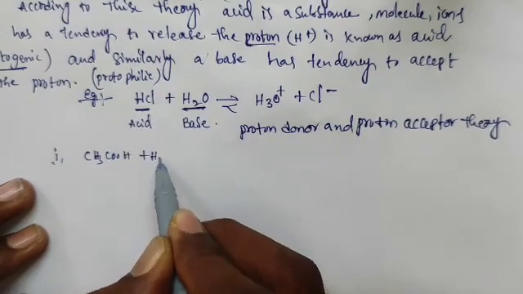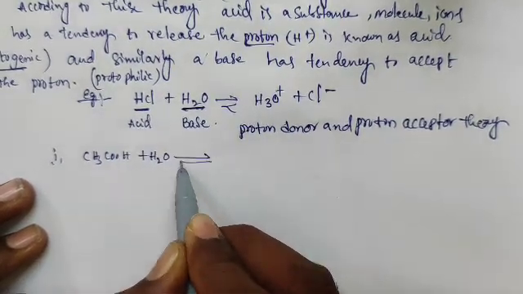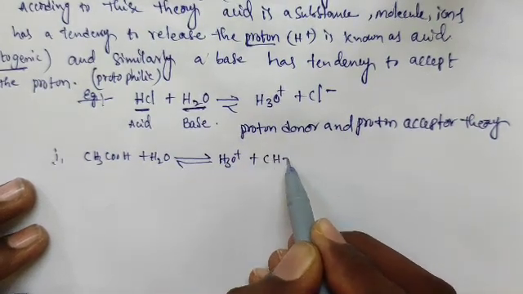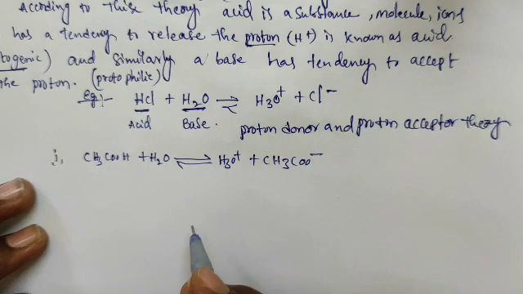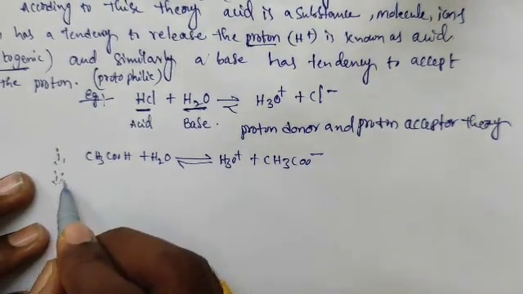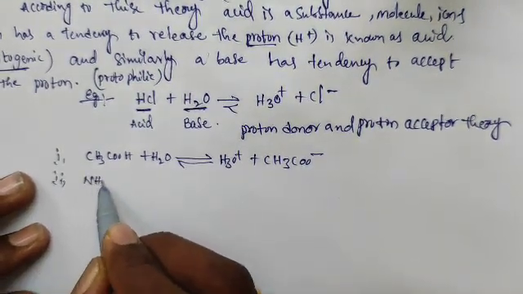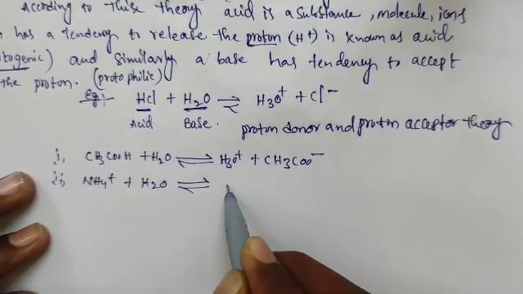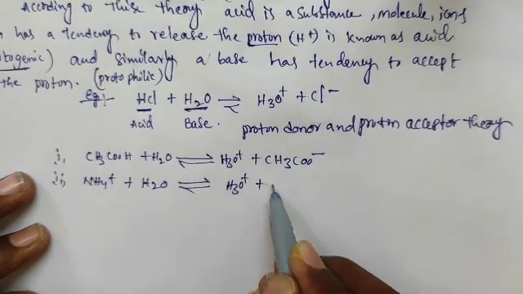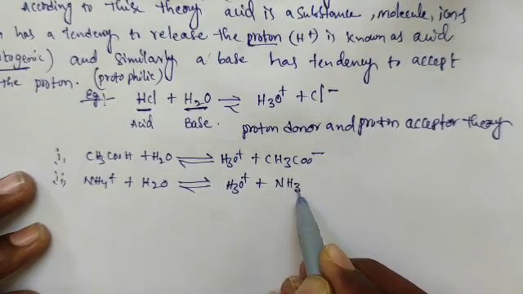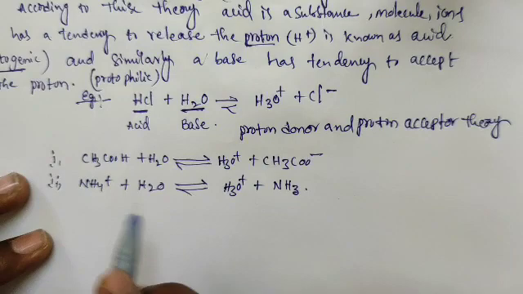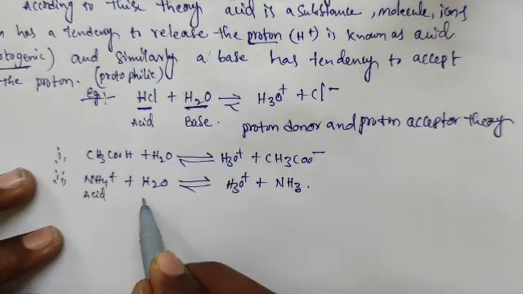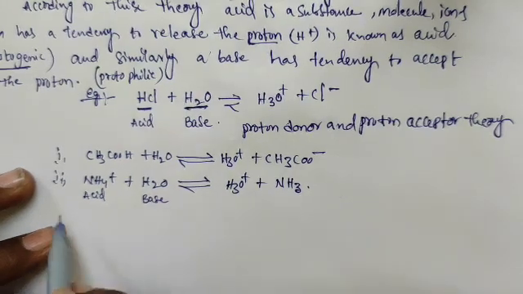Next, some other examples. CH3COOH plus H2O gives rise to H3O plus and CH3COO minus. Second example, NH4 plus plus H2O gives H3O plus plus NH3. Here this is acid, this is base.